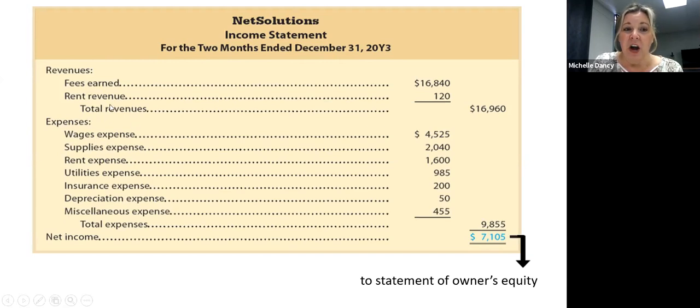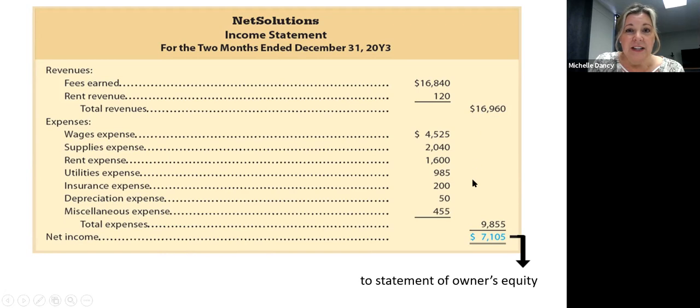So we list out all of our revenues, add them up, and we get a total of $16,960. We list out all of our expenses, and we get total expenses of $9,855. Our income statement, as always, is revenues minus expenses.